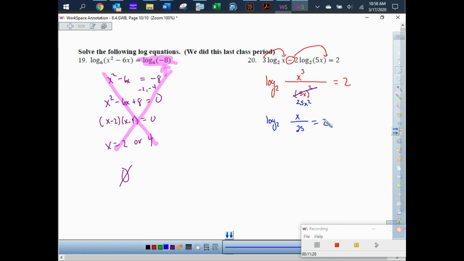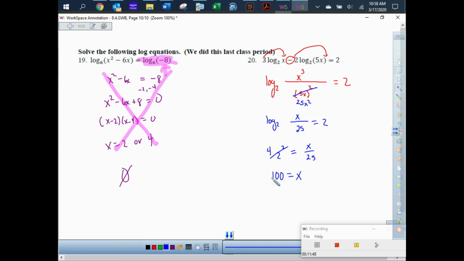Now I'm going to rewrite it exponentially. The base is 2, the exponent is 2, and that's going to equal the argument. So this is back to the very first day of logarithms. When you had it in log form, rewrite it exponentially. Scratch that out and call it a 4. And now to solve for x, I'm going to multiply by 25, and x equals 100.